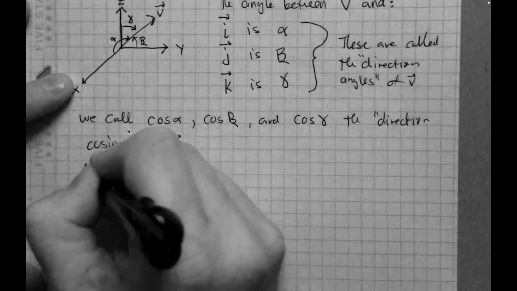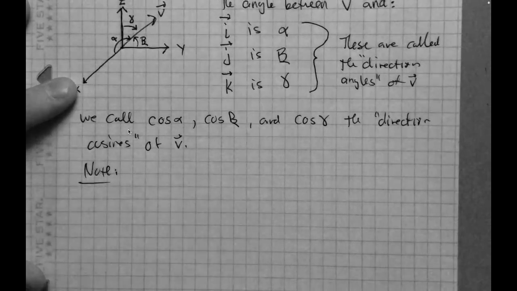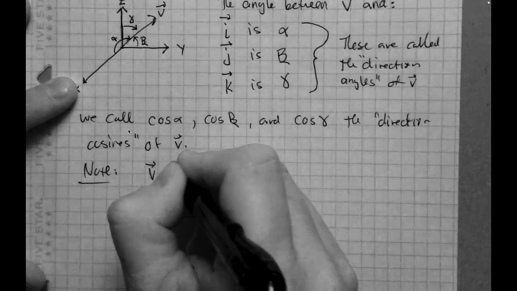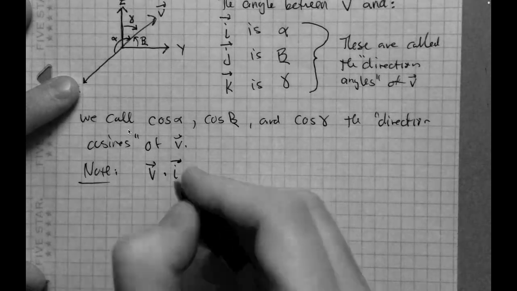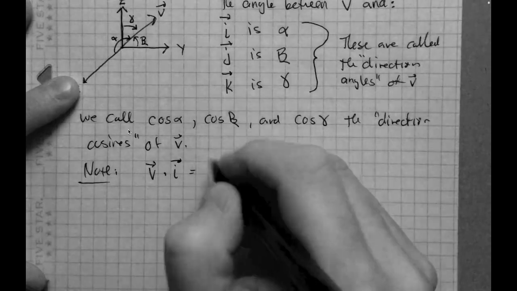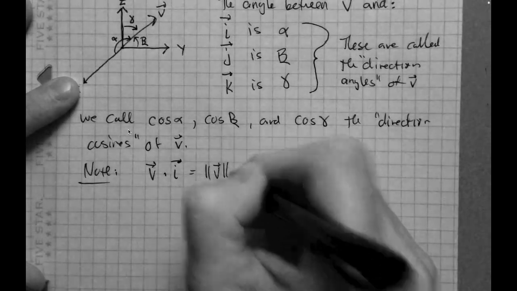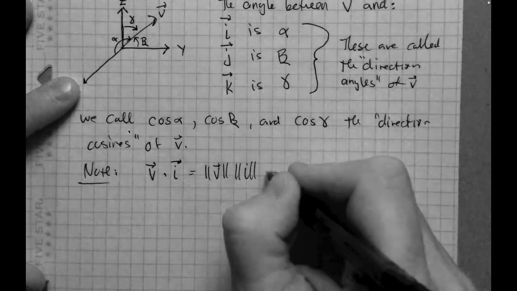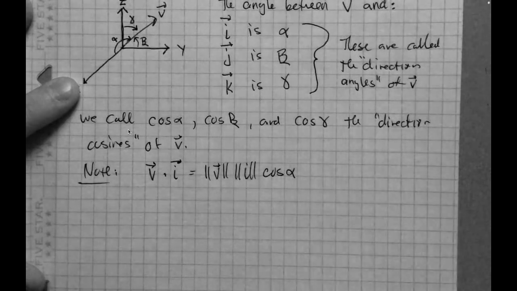Note that if I take v and dot it with the i vector, we saw previously that this is equal to the norm of v times the norm of i times cosine of alpha.